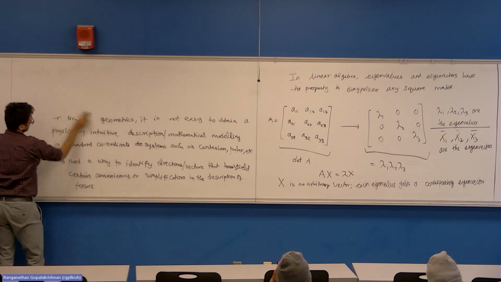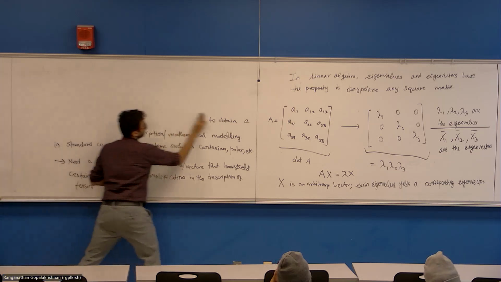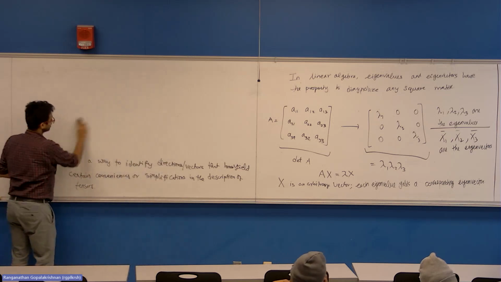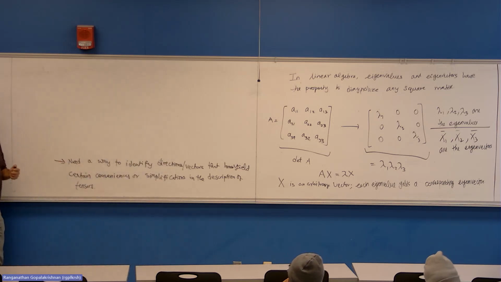So I'll write the flow chart like this. To me, identifying the natural coordinate system for a given tensor reduces to an algorithm.